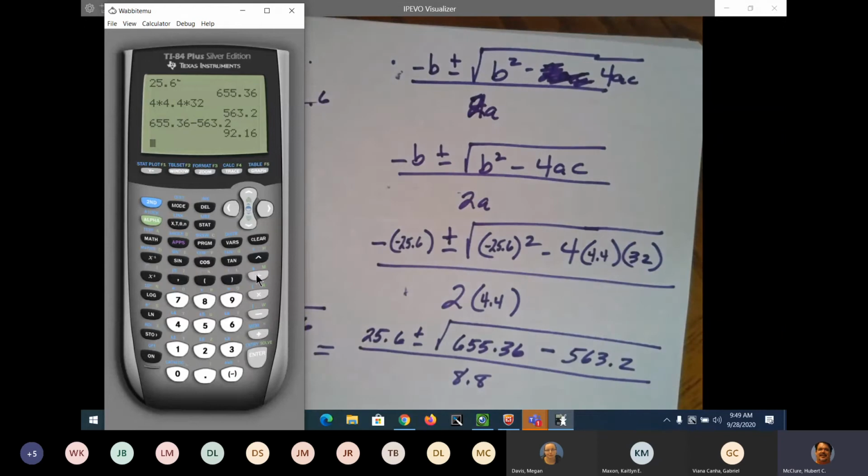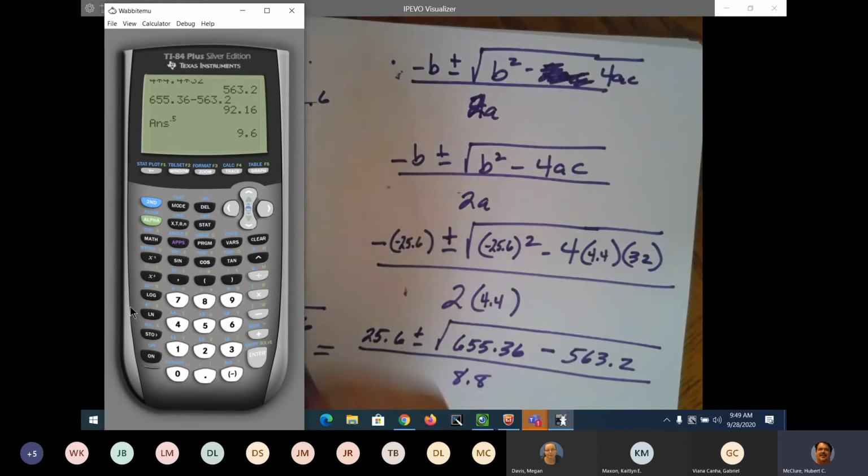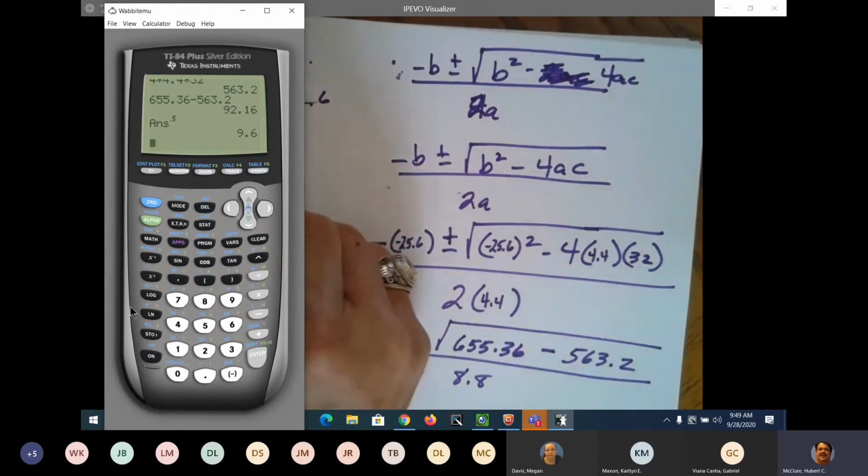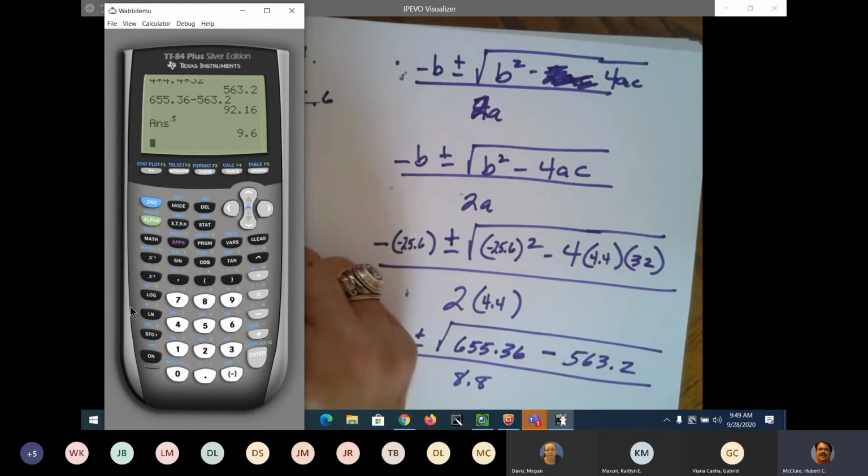Let's raise that 92 to the 0.5 power. 9.6. So 25.6 plus or minus 9.6, over 8.8.